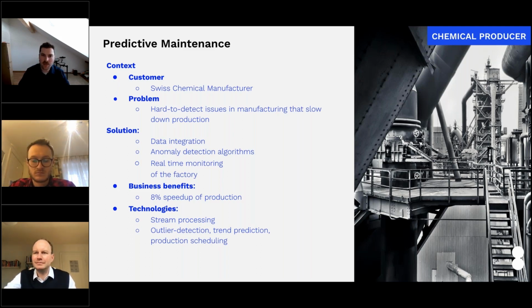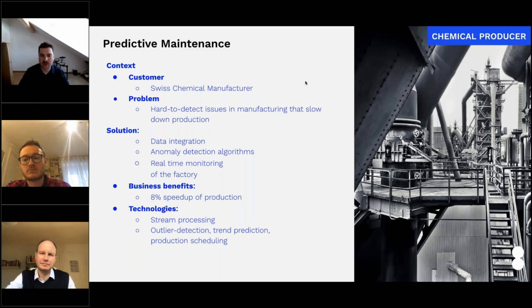And after a little bit of investigation, we saw that most of it was caused by some valves that were supposed to pour a certain amount of products, whose quality was deteriorating over time. The problem is that they have thousands of valves, and it's really tough to manually look for the ones that are not working properly.